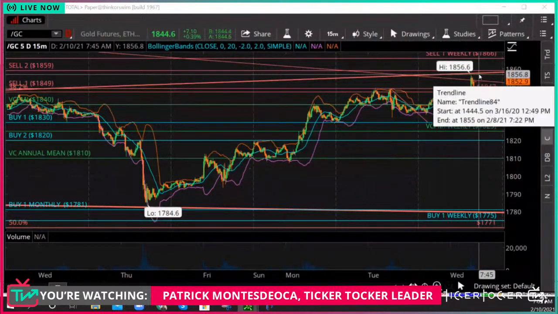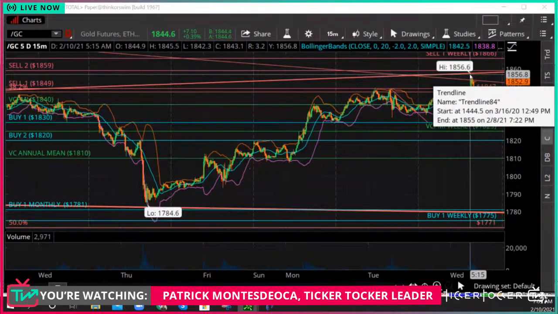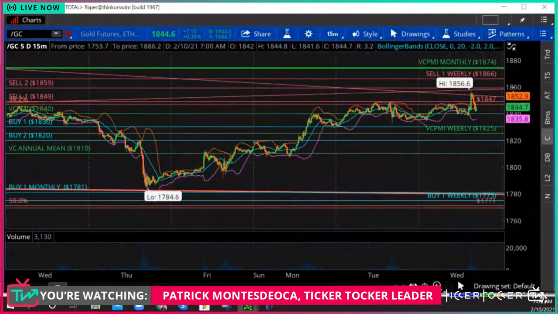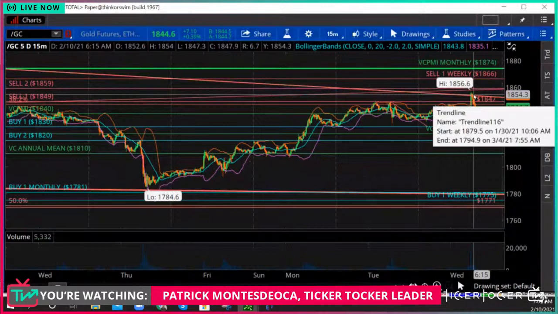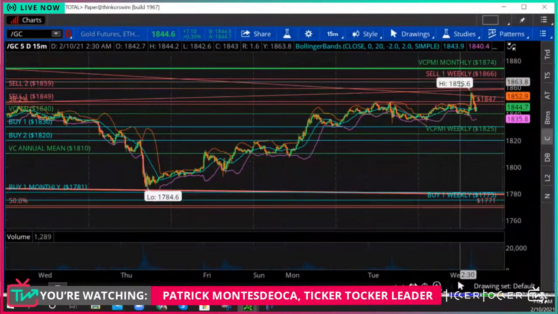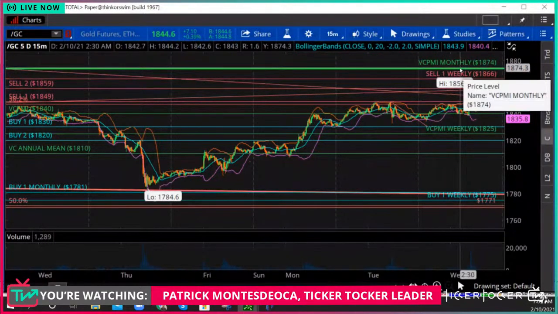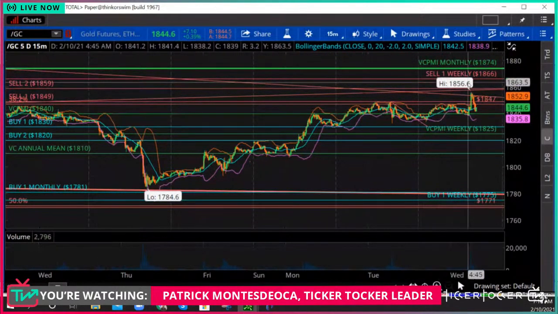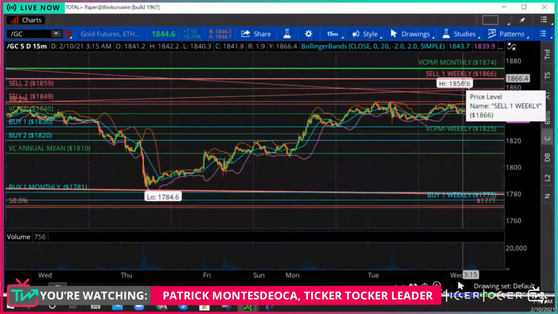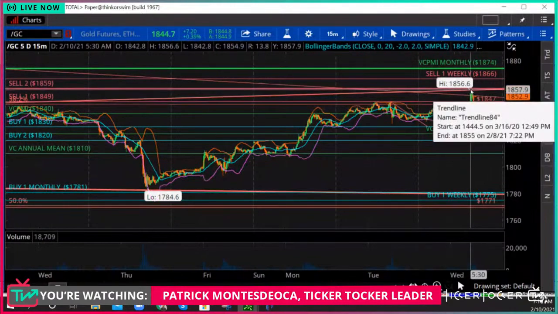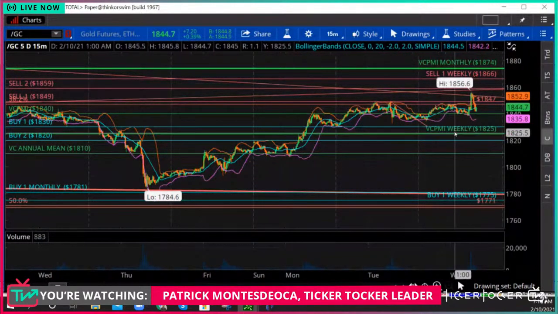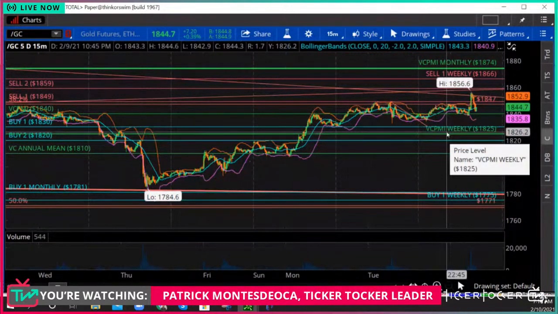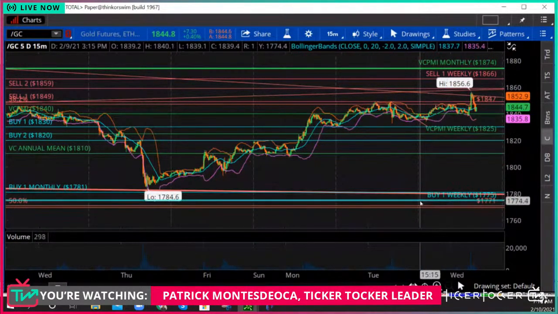There's a slew of indicators up here that indicate that unless the gold market has the muscle and the strength to close above 1874, the reversion or the extreme below the weekly mean is all the way down to 1775.